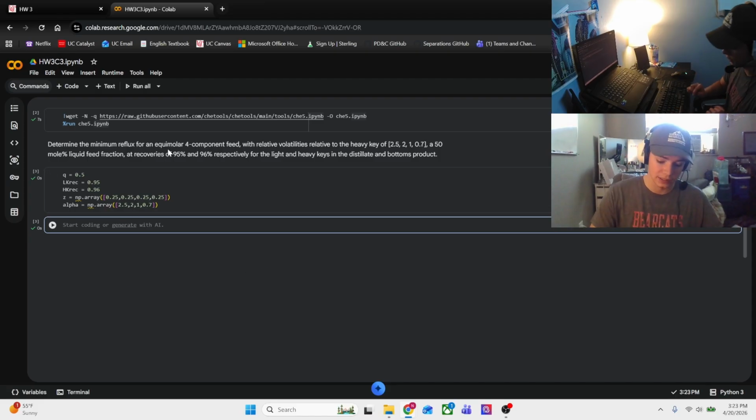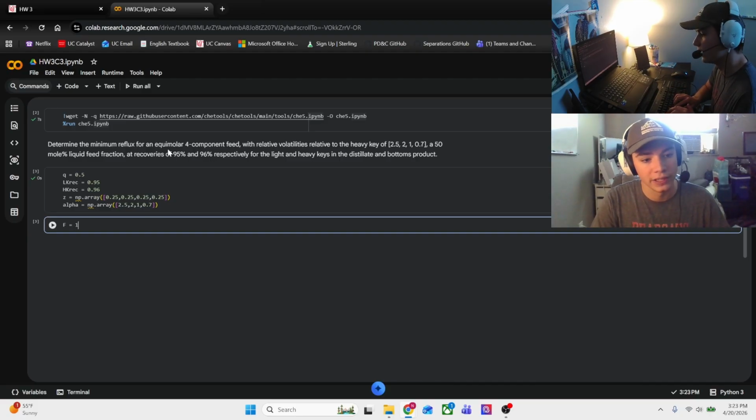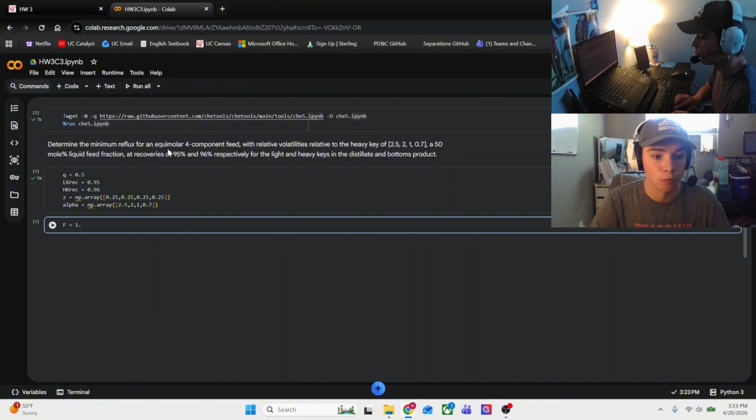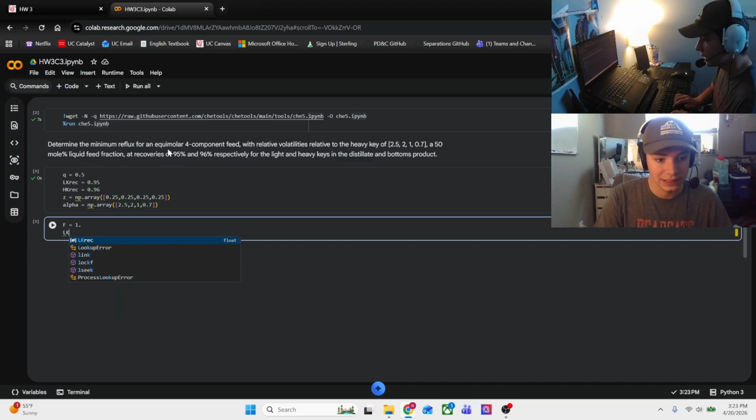What we're also going to need to do is specify our feed, which we're just going to call 1, as that is not really specified in the actual problem up above. So we're safe to just say it is 1 and go off of our z values. We also need a light key index and a heavy key index.